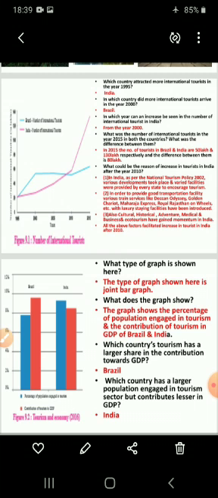Because maximum foreign exchange we can earn from tourism, and so also the governments of these countries try to develop tourism in every sector. Understood? So for the contribution of each and every person who is engaged in tourism sector, if more people engage, naturally there will be an increase in GDP.